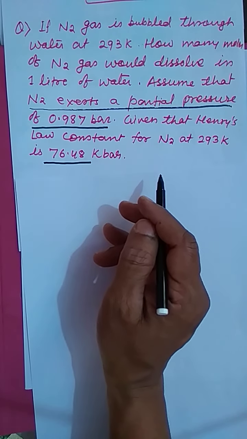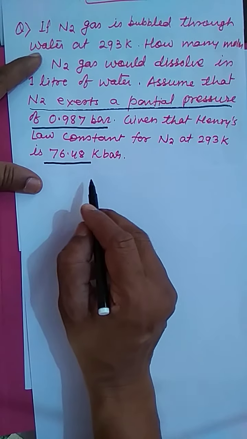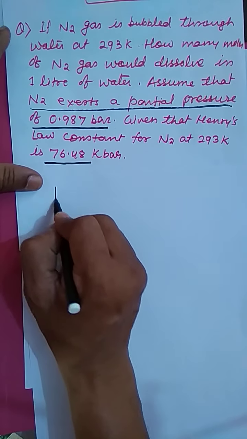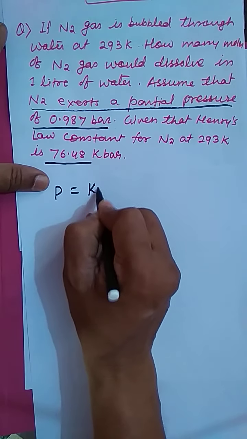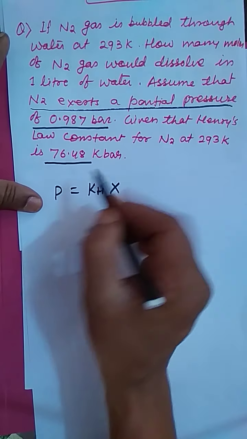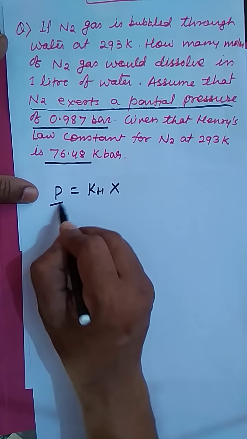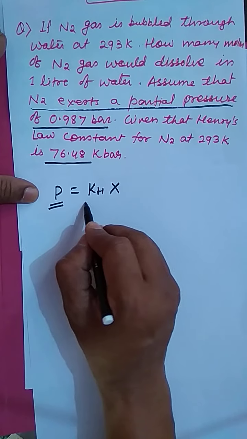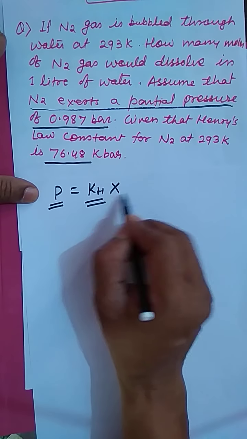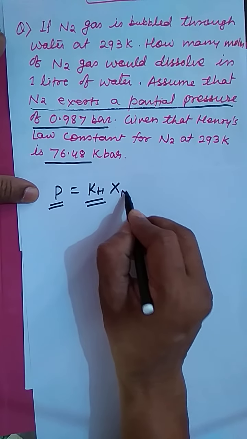So first of all, we have to use P equal to KH X. Now the partial pressure is given, and the KH value is given.